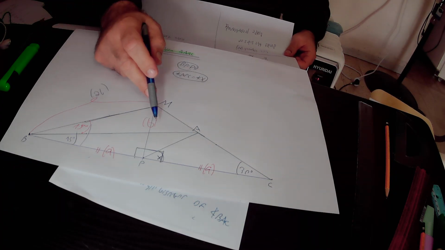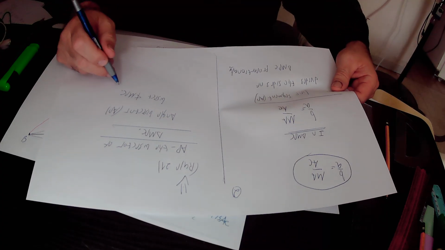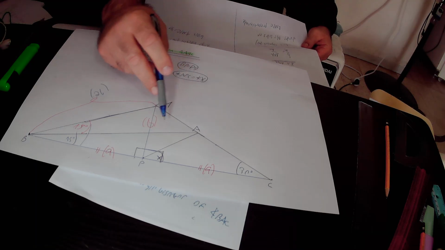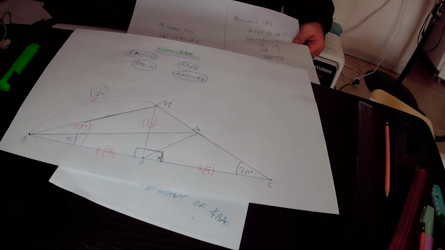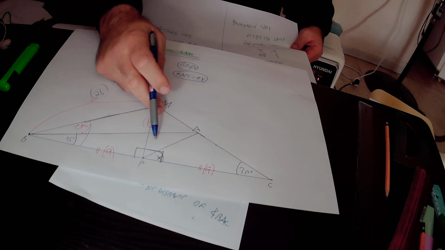But angle MPC is a right angle. It is equal to 90 degrees in size. So angle bisector AP divides angle MPC into two halves. Each half equals 45 degrees in size.